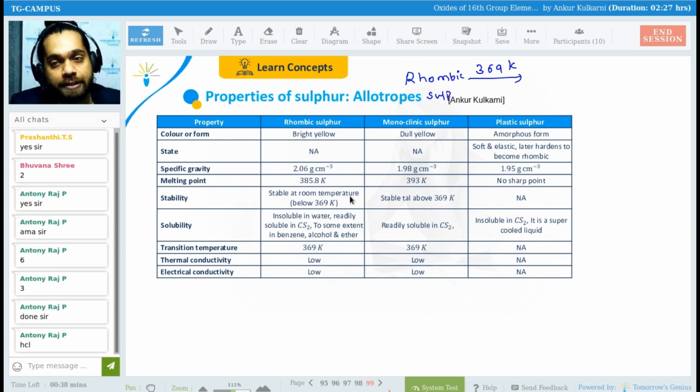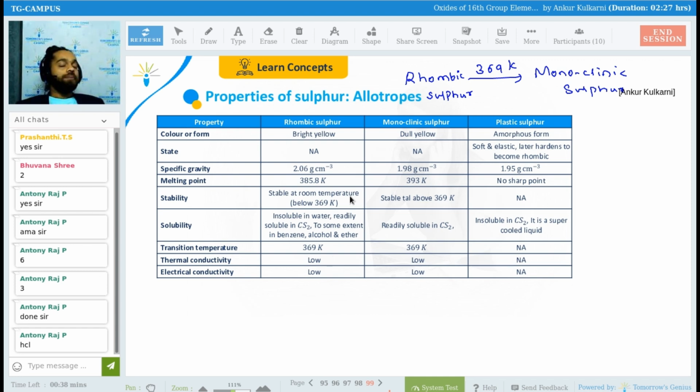And if I heat it above 369, it will convert into monoclinic sulfur. So rhombic sulfur below 369, monoclinic sulfur above 369.